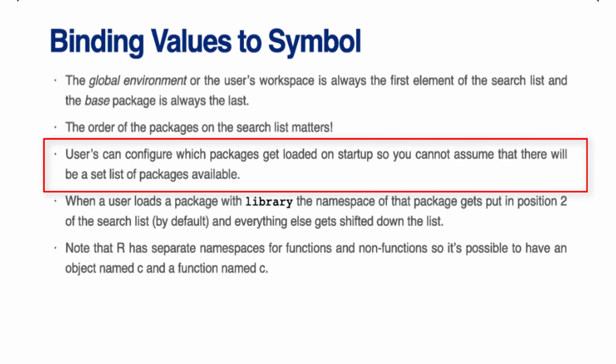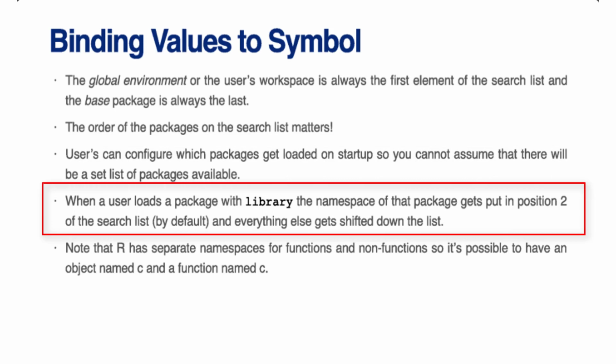Users can configure which packages get loaded when you start up, and users can also load packages whenever they want. So you cannot assume that there's going to be a set list of packages available or that the packages will be in any sort of order. They can be in different orders depending on what the user has decided to do in a given session.